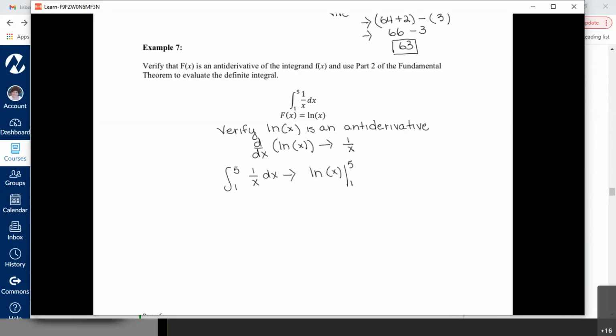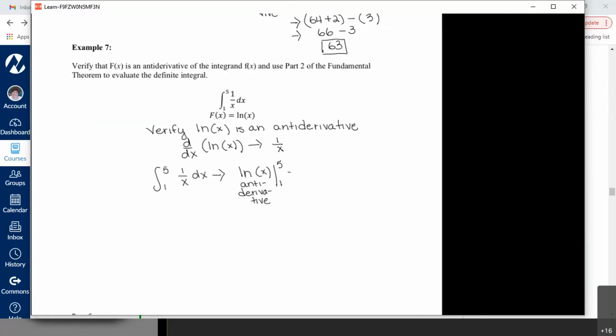So here's my antiderivative, and now I'm going to evaluate it at the upper bound. I'm just plugging in the upper bound for x minus the lower bound.